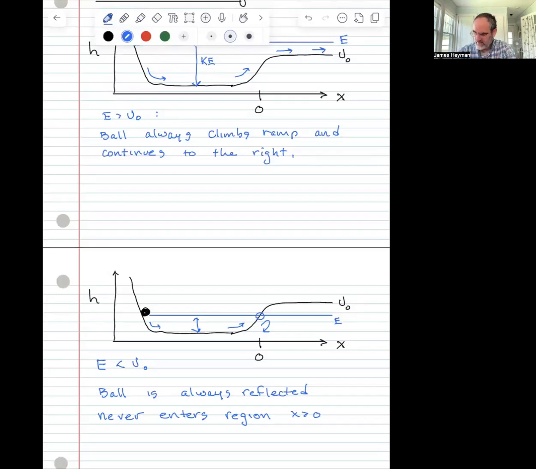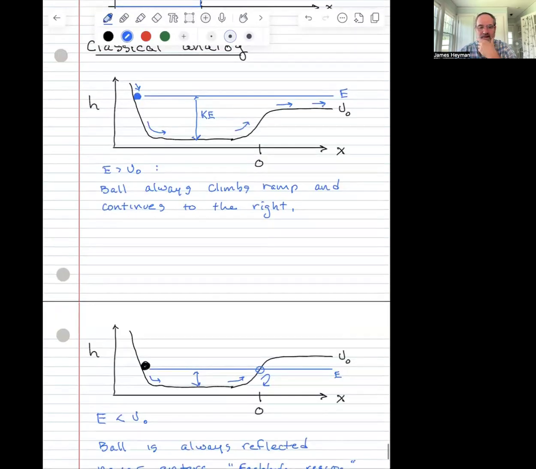I guess I shouldn't say greater than 0. In this case, it never enters the forbidden region. Okay, well, that's the classical picture.